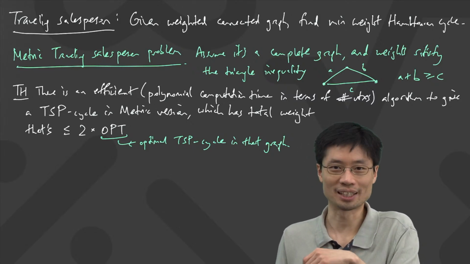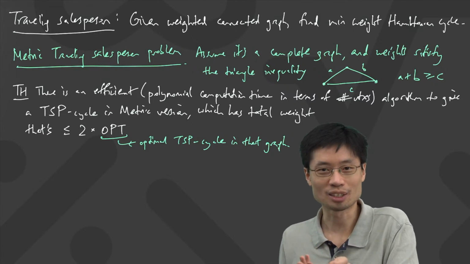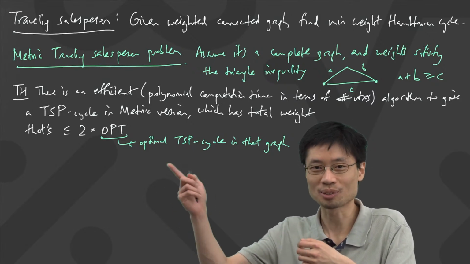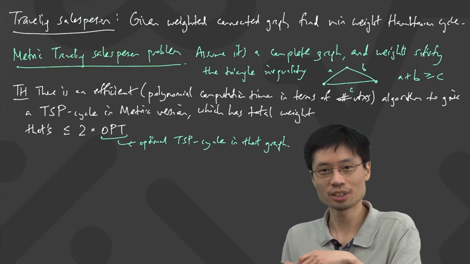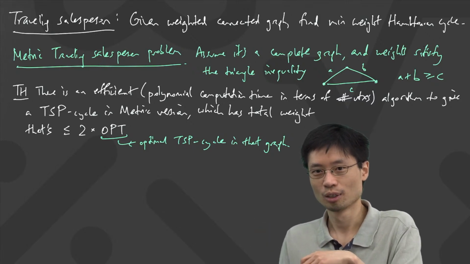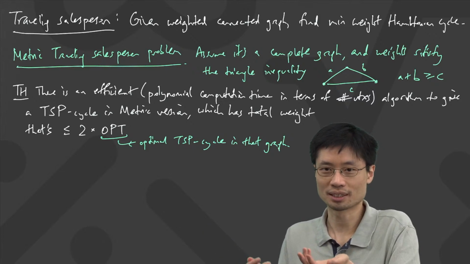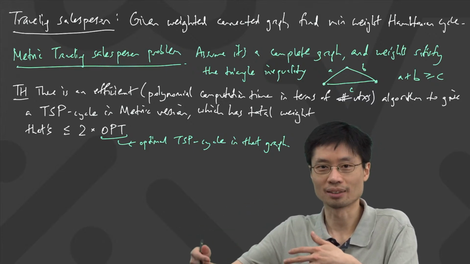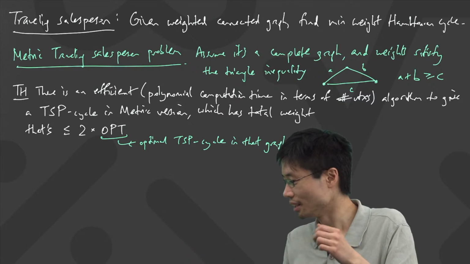Shouldn't I care about something that's always no worse than the OPT plus 1 or something? But actually, when you do business, it turns out that the factor is what's relevant. A lot of things in business are per unit something. Like I'm making money by selling pencils.